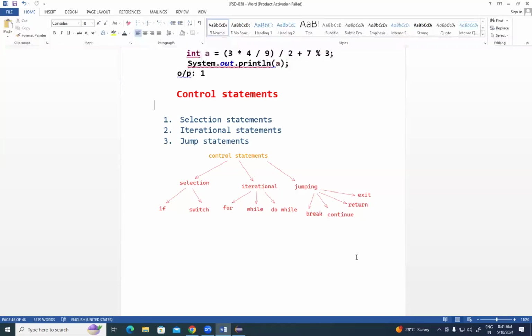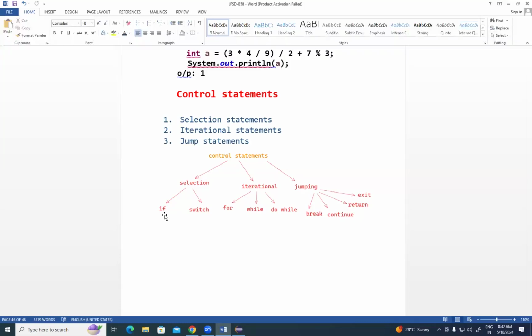Initially we are going to start with the if statement from tomorrow. It will take quite some time because in if we further have if else, if ladder, nested if statements. Then we'll enter into switch.